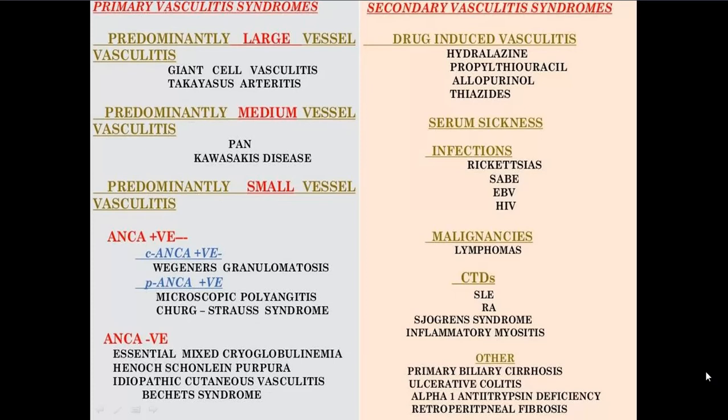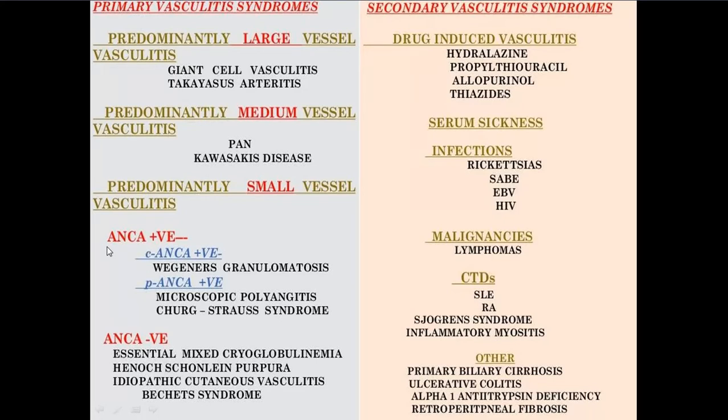ANCA, anti-neutrophil cytoplasmic antibody, can be C-ANCA or P-ANCA. C-ANCA positive is Wegener's granulomatosis, whereas P-ANCA positive is microscopic polyangiitis and Churg-Strauss syndrome. So this is important.